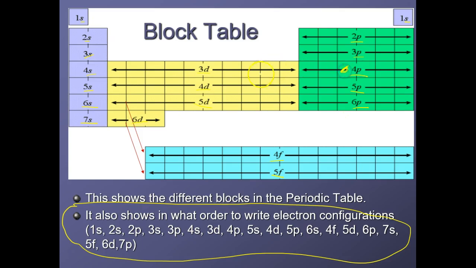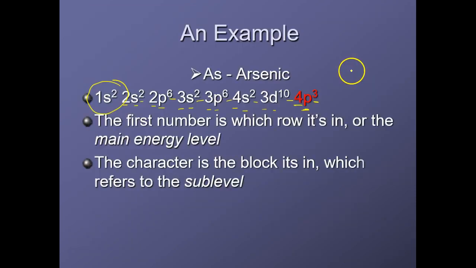So when you look at it, you're going to hit 1s2, 2s2, 2p6, 3s2, 3p6, 4s2, and then now you're in the D block, 3d10, then you go back into the P, but it's the 4p3, and that's arsenic right there. That's where arsenic would lie.